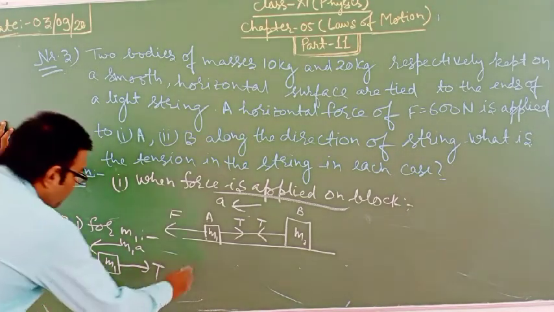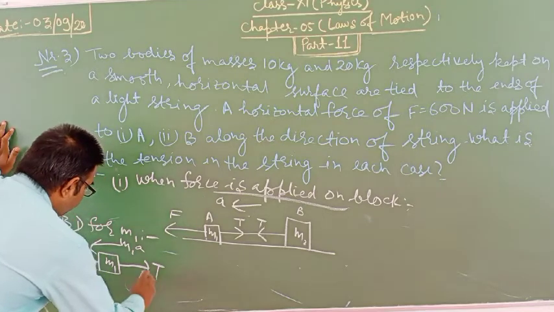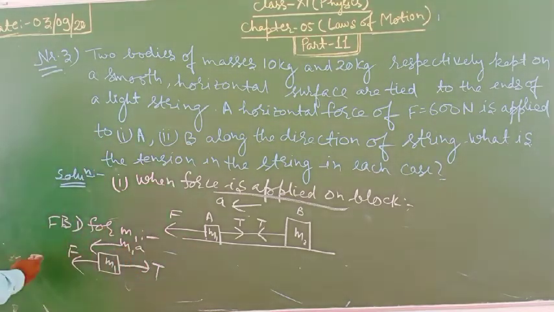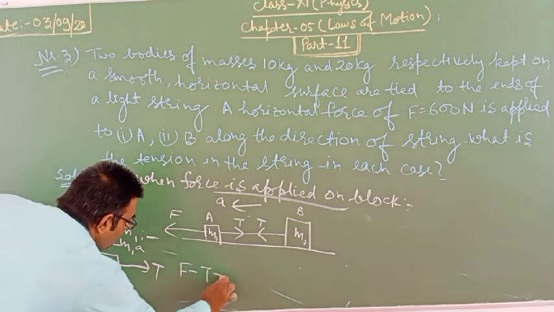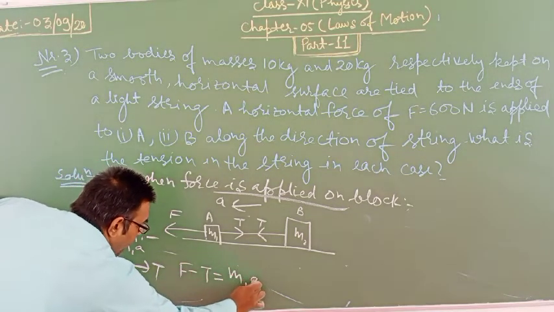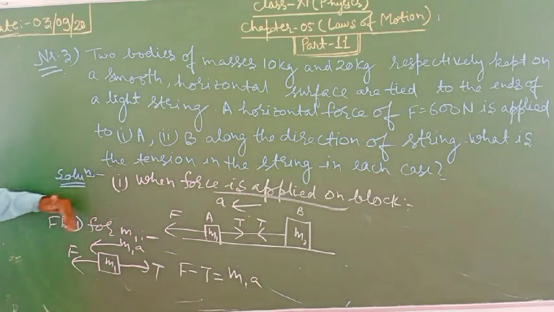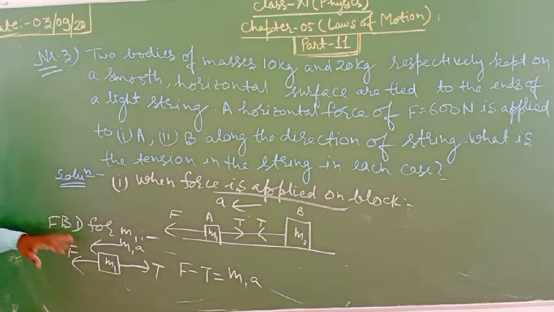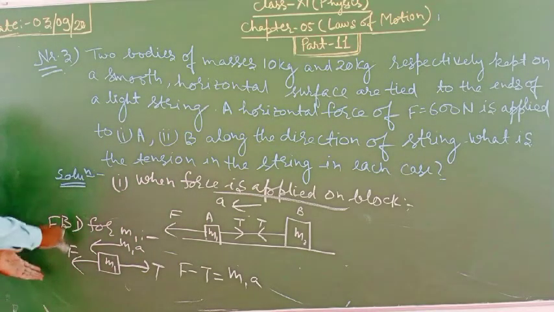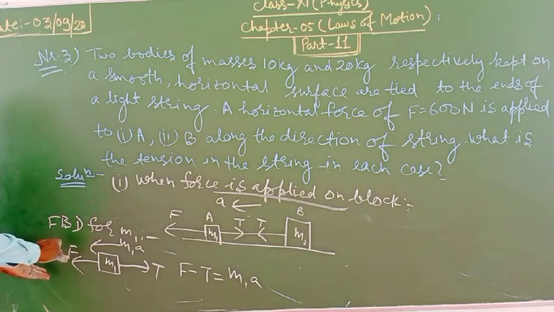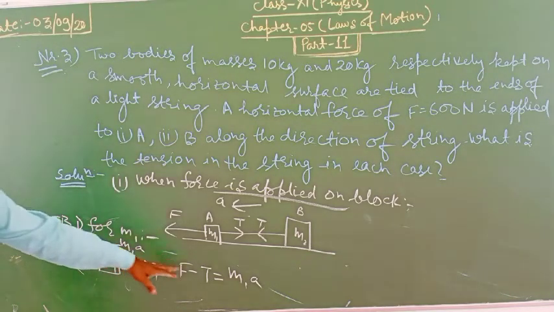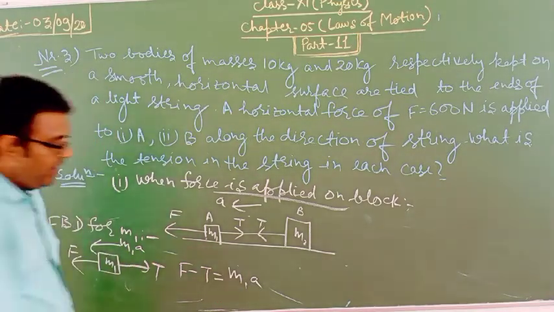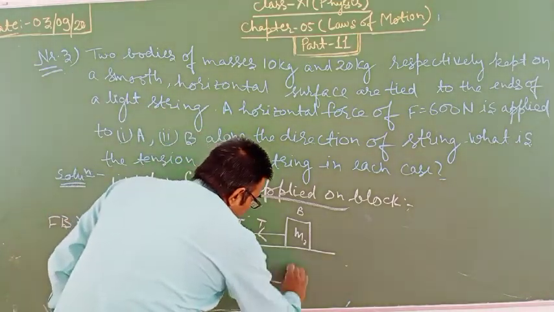Since the body is accelerating in this direction, the greater force is along this direction, so we subtract the tension T from F, and we get F minus T is equal to M1A, and we mark it as equation 1.